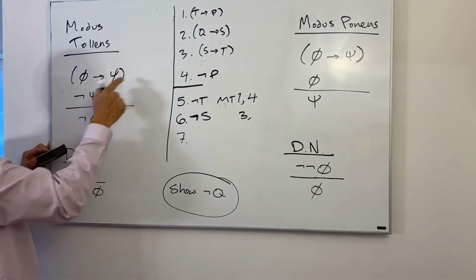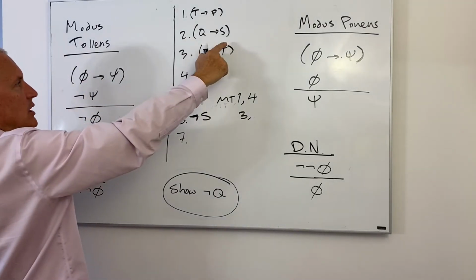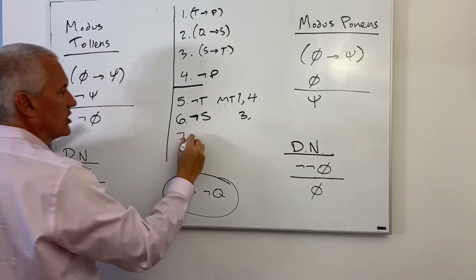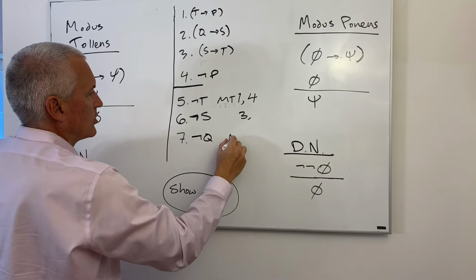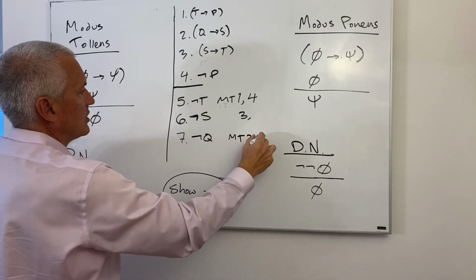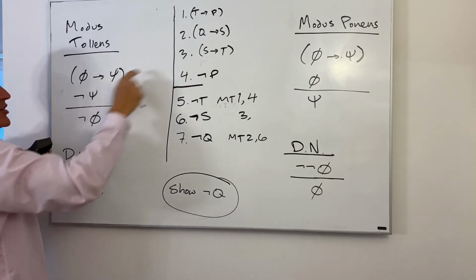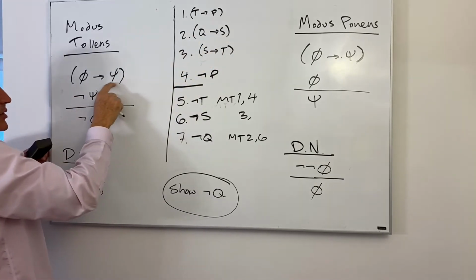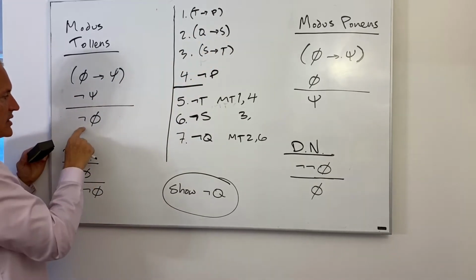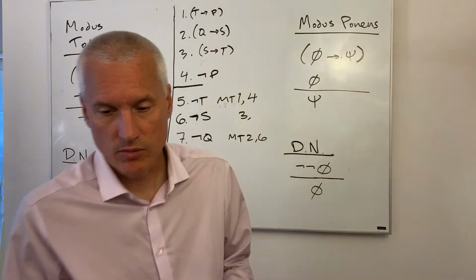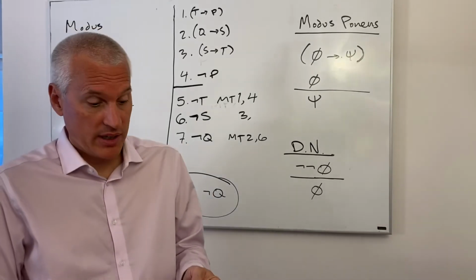If I have a conditional, like I do here, and I know the second part is false, like I've asserted on line 6, then I can say the first part isn't true. Modus tollens 2, 6, right? Here's line 2. Here's line 6, the denial of what we call the consequent. So we write down the denial of the antecedent. That's what we were trying to show. Good, right? Let's try the next one.